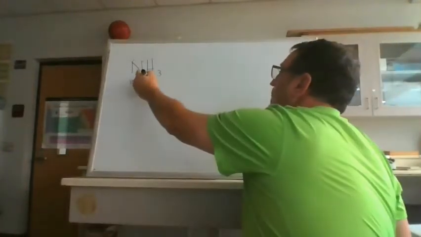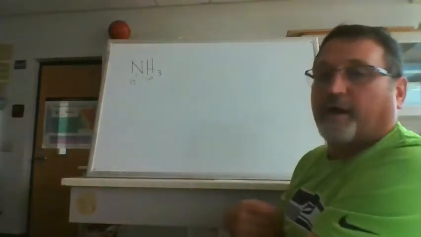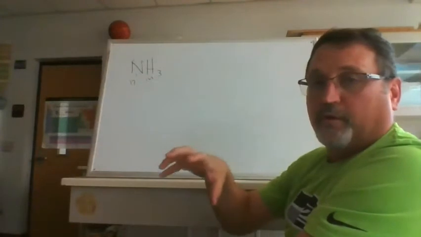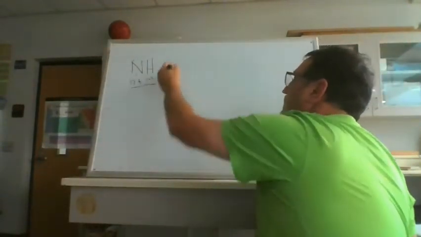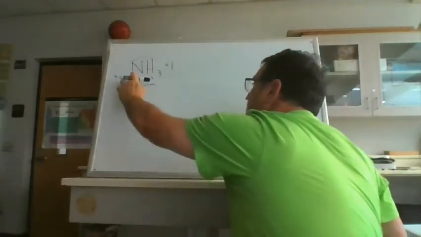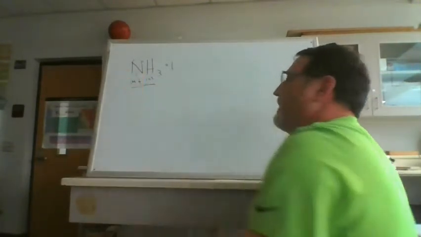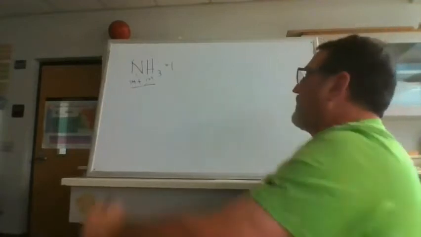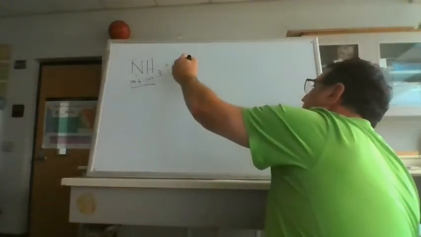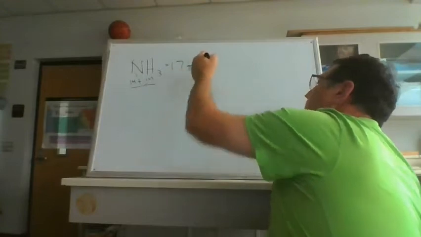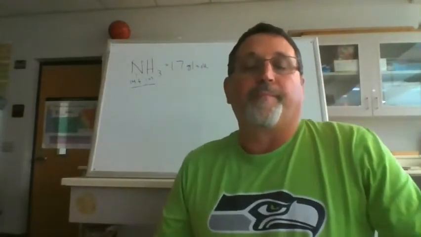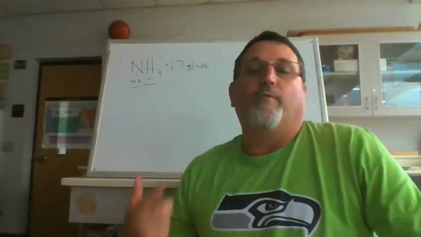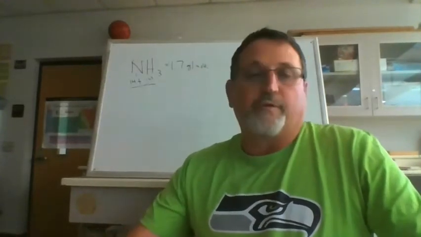And there are 3 moles of hydrogen for every 1 mole of the whole molecule. So therefore, 17 plus 3 is, sorry, that should have been 14. 14 for nitrogen plus 3 is 17. So there are 17 grams in a mole of ammonia. And you're going to use that number over and over again over the course of the next ones.